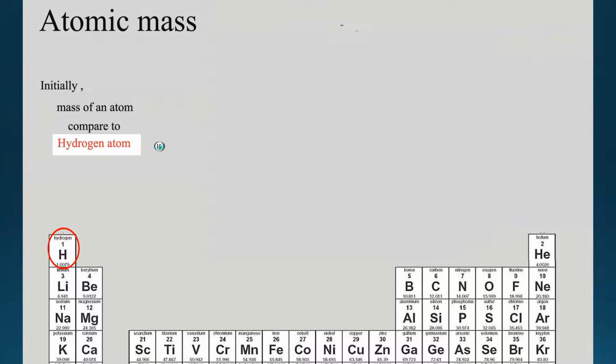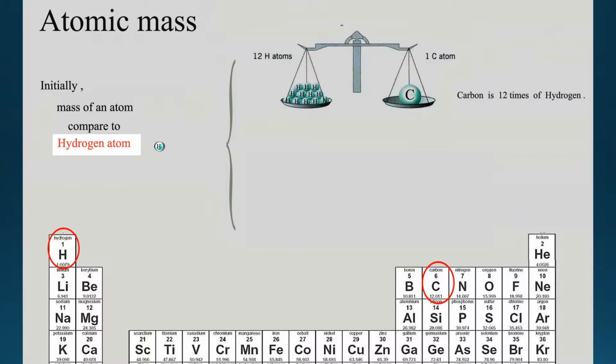Now let's give an example. If we want to work out the weight of a carbon, they will say it is worth around 12 pieces of hydrogen atom. So if you put 12 pieces of hydrogen atom together, it will be equivalent to a carbon. So you can see the number 12.